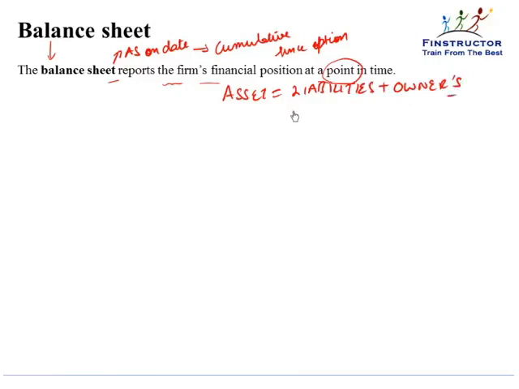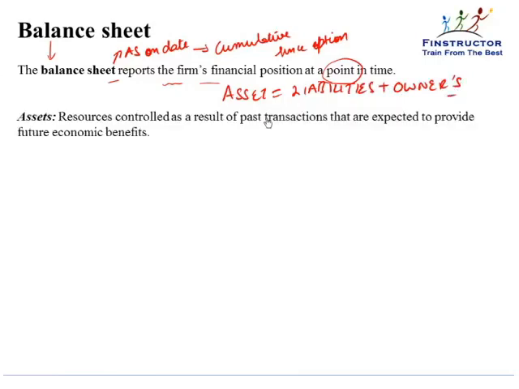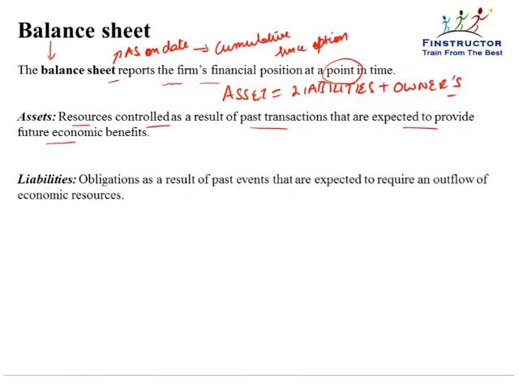Let's revise again the three components. So assets are resources controlled by the firm today as a result of past transactions or past acquisitions that are expected to provide us future economic benefits or future cash. So assets are economic resources.